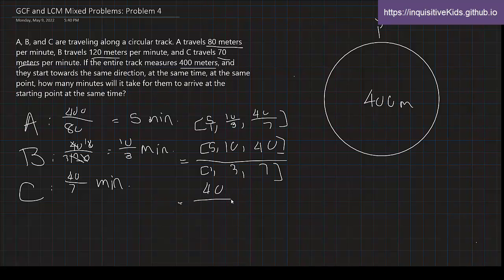And 1, 3, and 7, we are looking for their greatest common factor. Because them being all prime numbers, well, 1 isn't prime, but 1 doesn't have any other factors, it is 1. So 40 over 1. So how many minutes will it take for them to arrive at the starting point at the same time? It would take them 40 minutes.